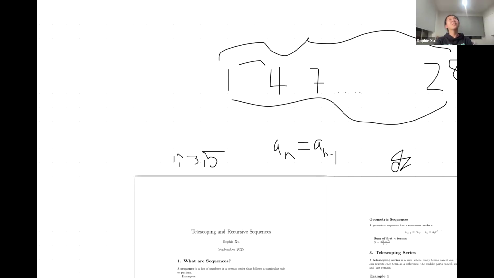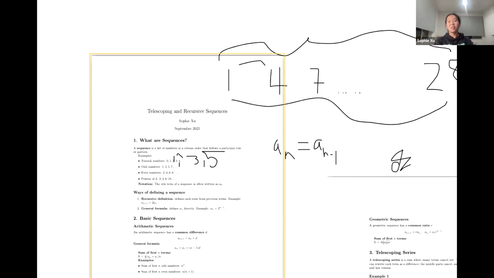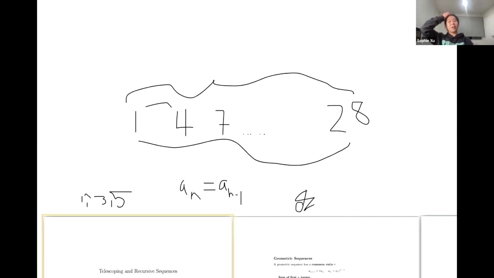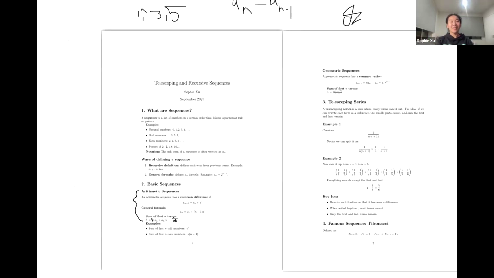Wait, no. It is divided by 2, because there are 10 terms. Sorry, I was just glitching really hard.